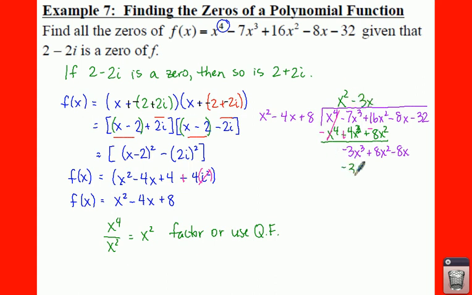So you multiply those through: negative 3x to the third plus 12x squared minus 24x. So you change all your signs. So plus, negative, plus, cancel. 8 plus a negative 12x squared is a negative 4x squared plus 16x minus 32.